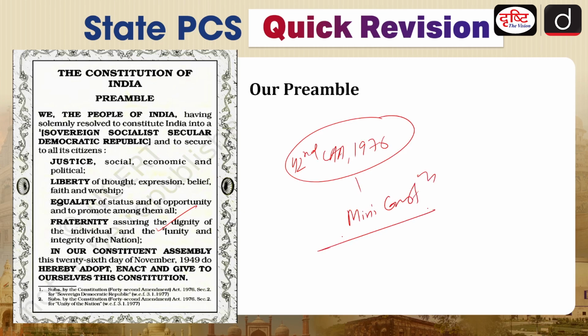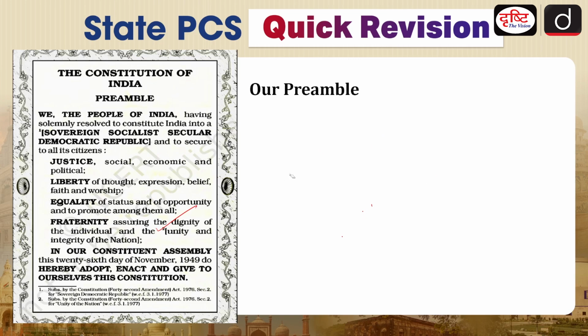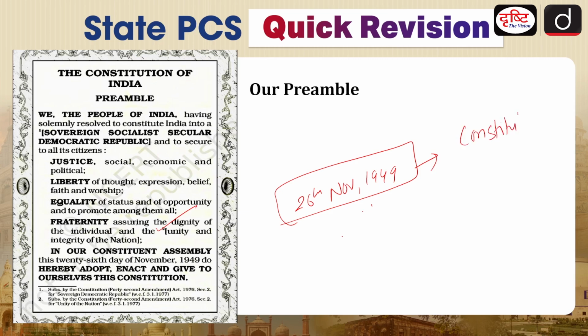And from the preamble one more piece of information is given, that is when we adopted the document, that is 26th November 1949. This is the day when we adopted the constitution, and that is why we celebrate that day as the Constitution Day.